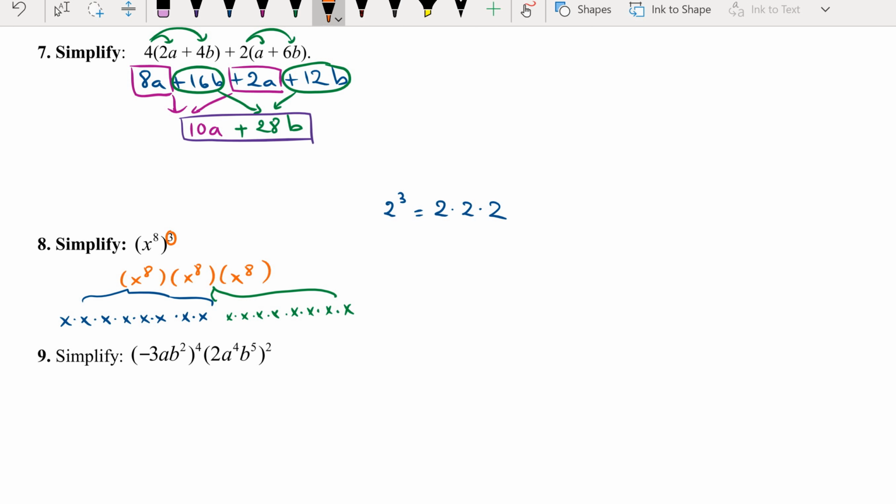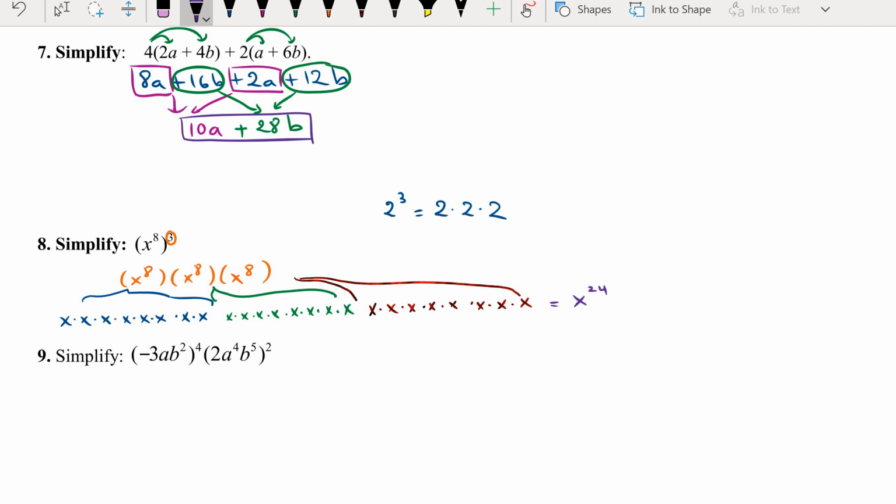And the last group. 1, 2, 3, 4, 5, 6, 7, 8. Okay, so if we count them all together, you will see that we have 24 x's. So that will be x to the 24.